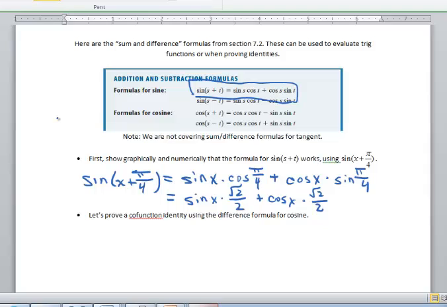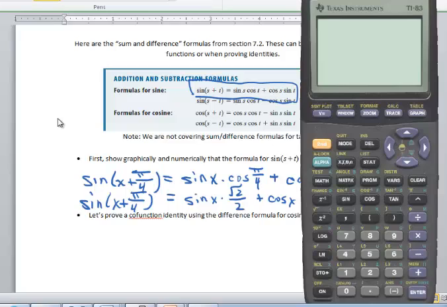So now that I've simplified the right side, I just want to verify graphically and numerically that the sine of x plus pi over 4 is the same as the sine of x times radical 2 over 2 plus the cosine of x times radical 2 over 2. And how do I verify that graphically? I use my calculator. Right? And I'm just going to make y1 be the left side of this equation. So the sine of x plus pi over 4.